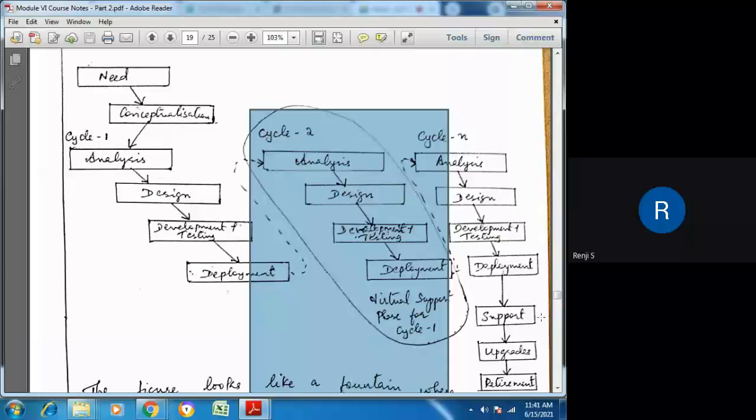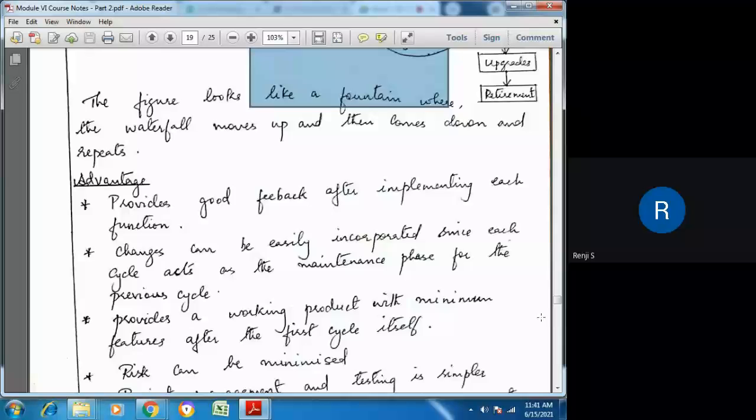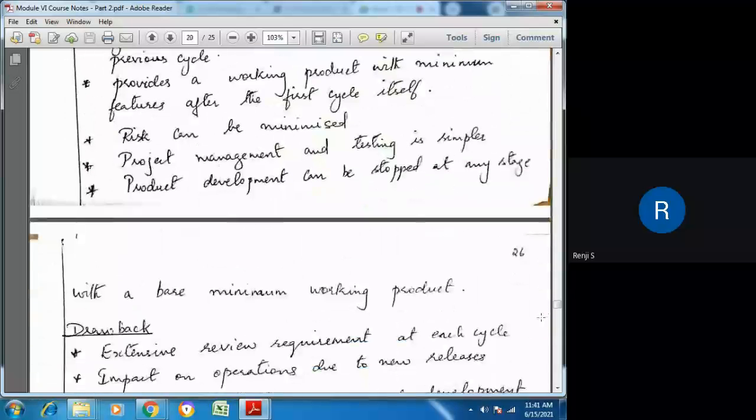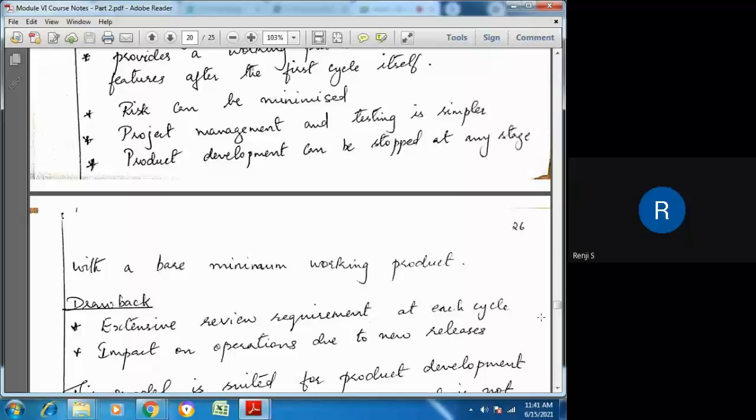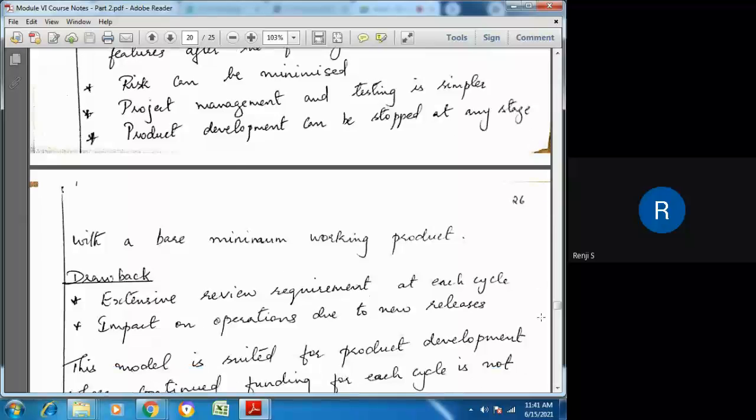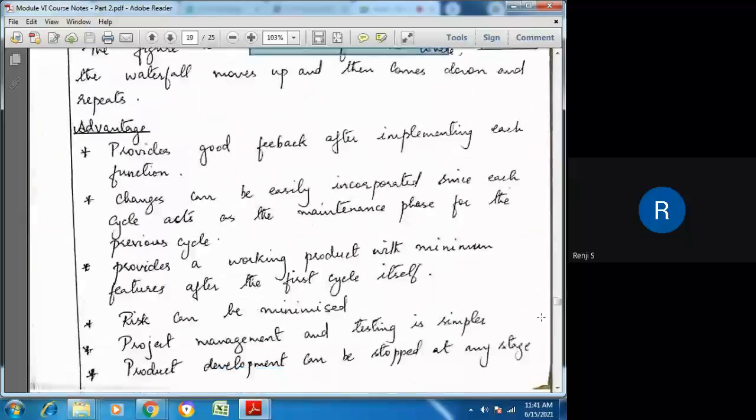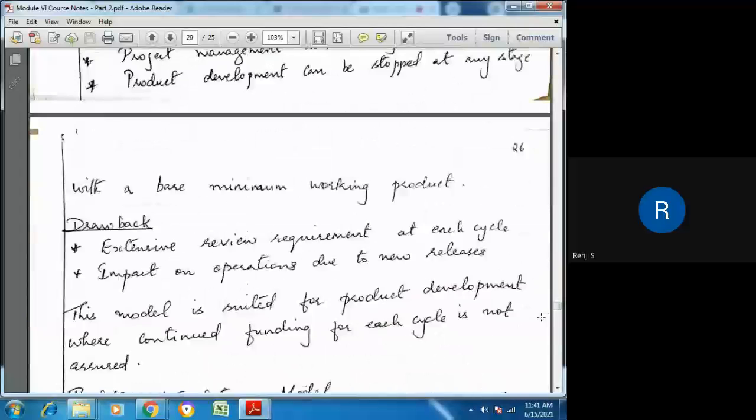So the development can stop with any of these cycles. Whereas in the waterfall model, once the phases begin, they will have to be carried out till the end. So these are the advantages, and it has more advantages than disadvantages.